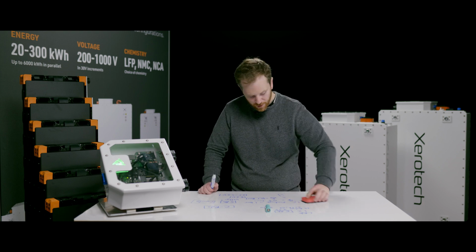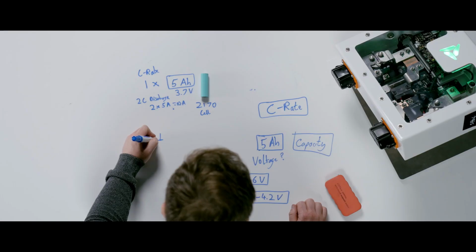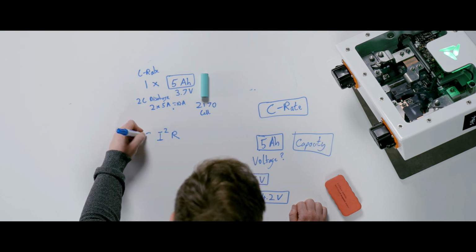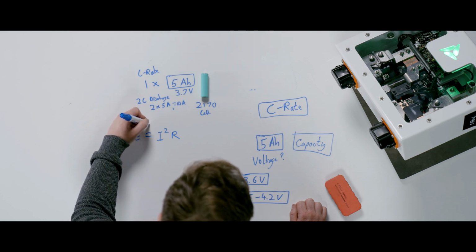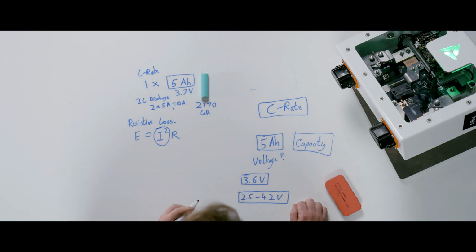If we go back to that equation, we find that the resistive losses increase with the square of the current. So we're back to our fundamental of I squared R, the energy loss. It's going up as the square of the current.